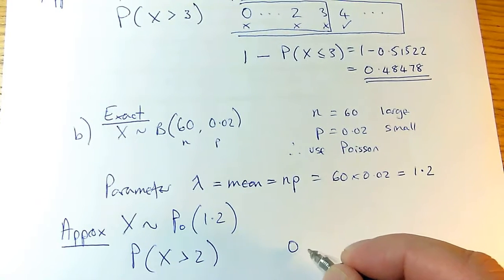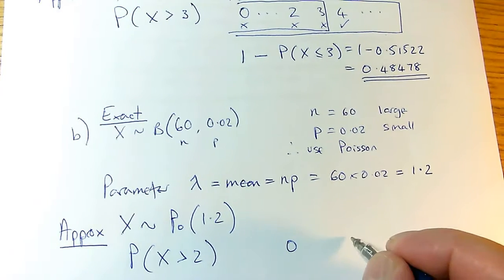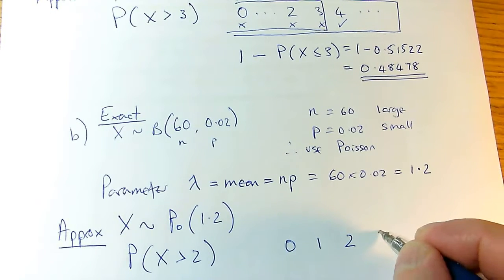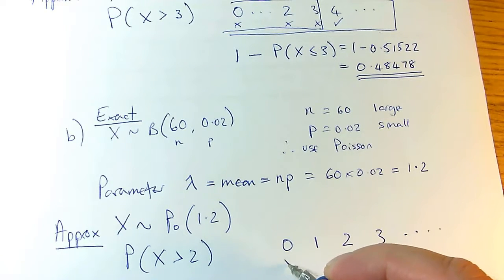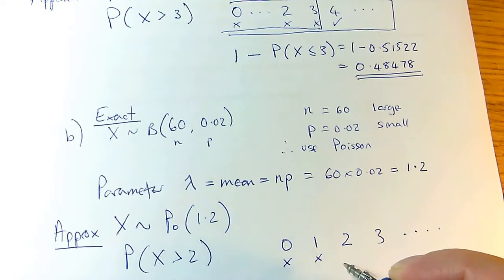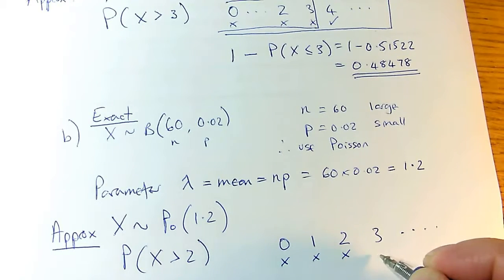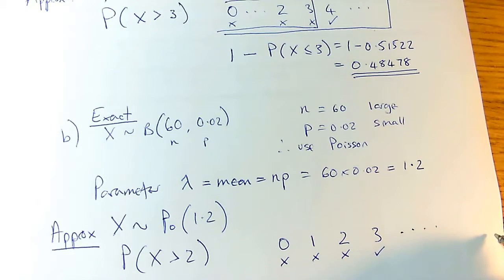So, diagram of outcomes. I need 0, I need 2 and values nearby 2, which is 1 and 3, and so on. There is no highest value for a Poisson. Do I want 0? No, I want to be greater than 2, so I don't want this one, I don't want this one. I can't equal 2 because I've got to be greater than 2, but I can have 3, and I have all of these.